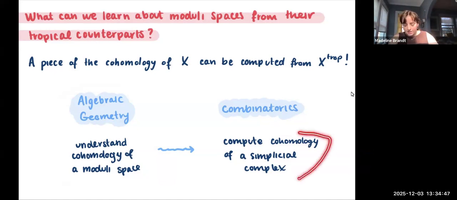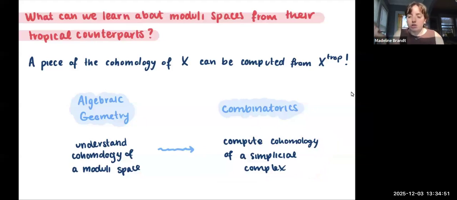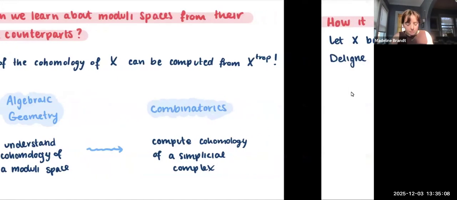And this is something that's a lot simpler to do. If you have a good description of your simplicial complex, then your computer can just compute it. So this is really exciting because it takes something very abstract and complicated and turns it into a combinatorial question that's pretty computational and concrete.